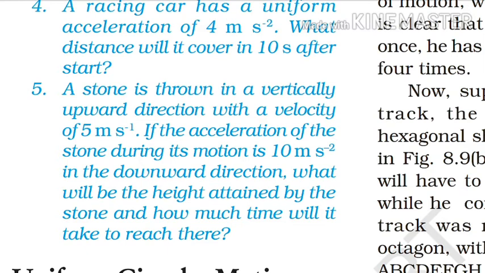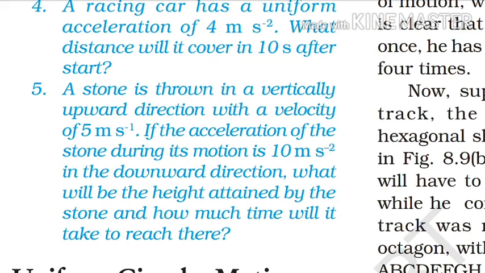It means final speed is equal to 0 and initial speed is equal to 5 meter per second, and the acceleration acting on the stone is vertically downward, that is minus 10 meter per second square. So h, the maximum height attained by the object, will be 0 square minus 5 square divided by minus of 2 into 10.